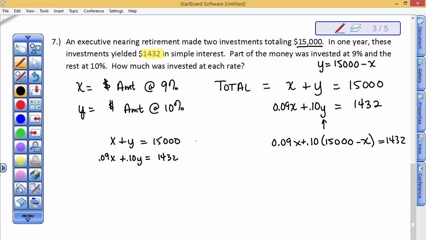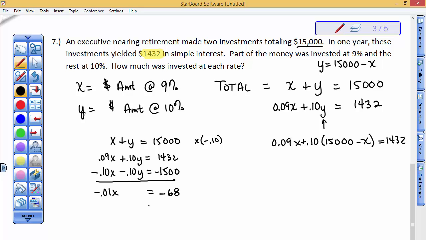So say you multiplied this equation by a negative 0.10. This x would become a negative 0.10x, a negative 0.10y, and 0.10 times this would be a negative 1500. So right here we'd have a negative 0.01x, and the negative 1500 and the 1432 would be a negative 68, I believe.